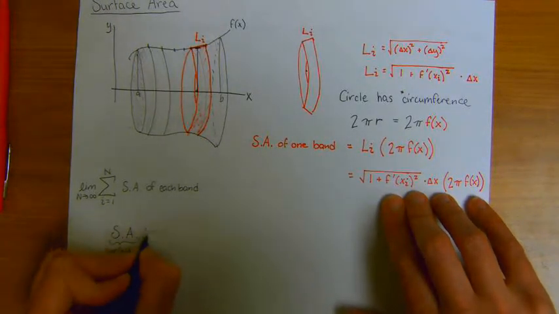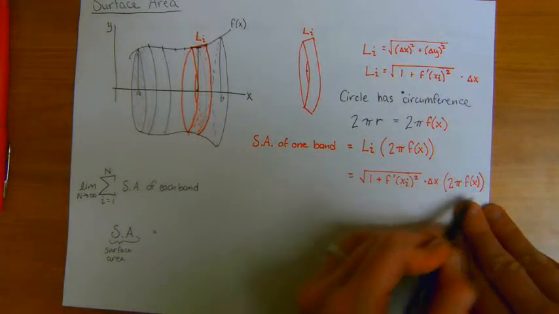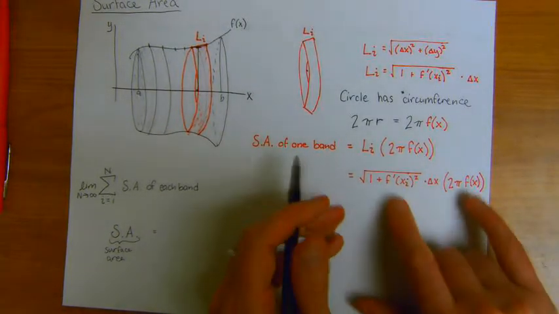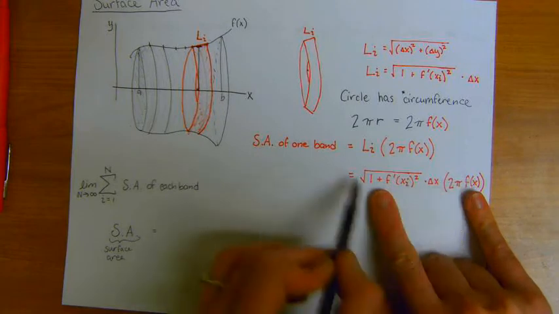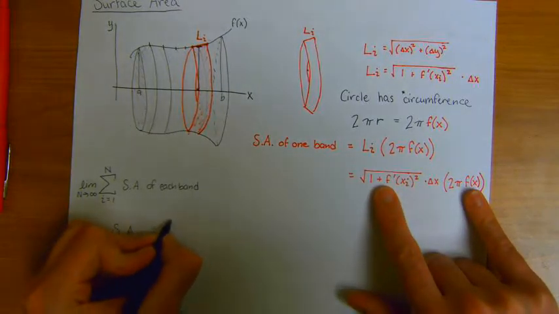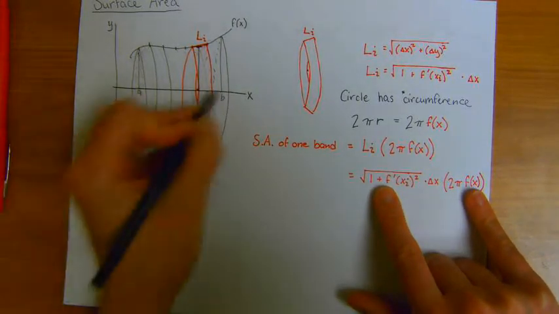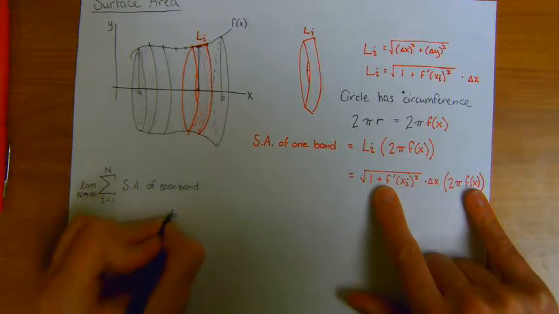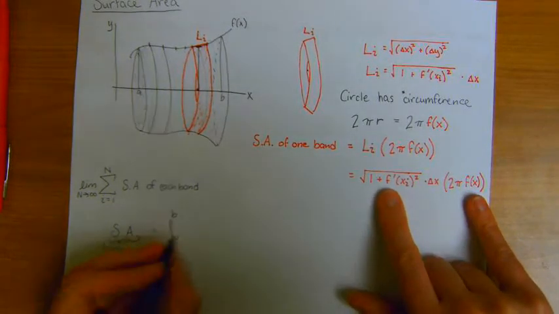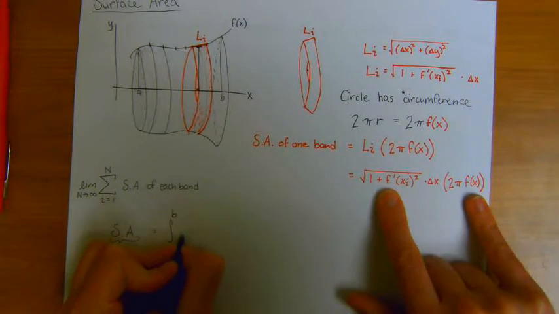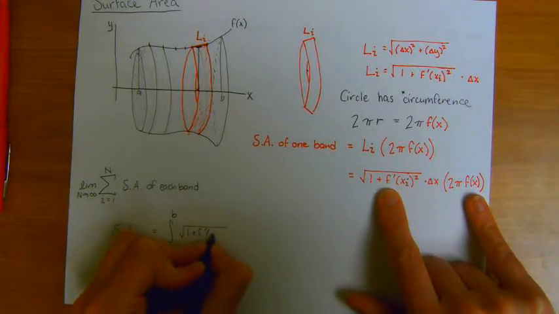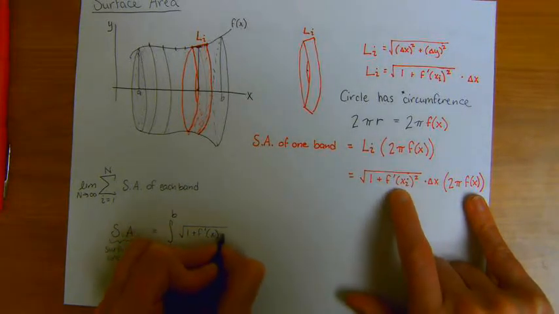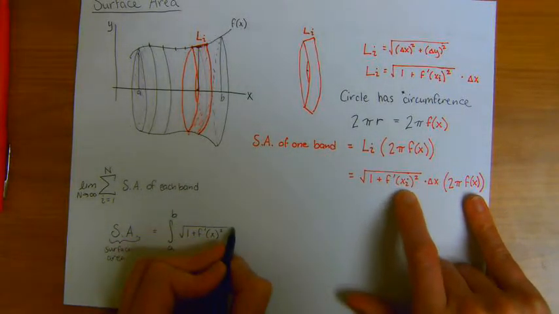Because this is the surface area of one band, we integrate from a to b the surface area of one band, and I'll simplify it a little in a second. 1 plus the derivative squared, all square rooted.